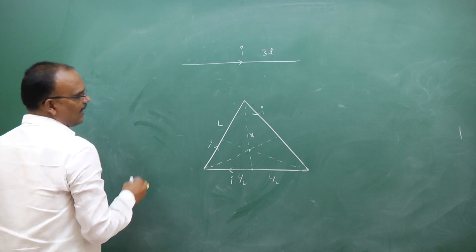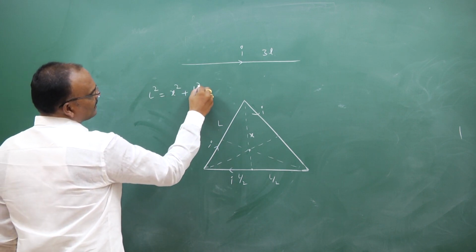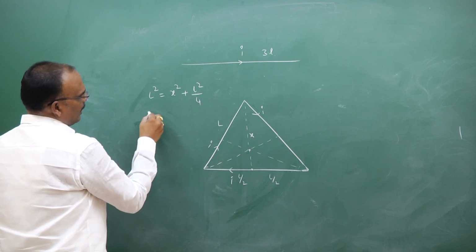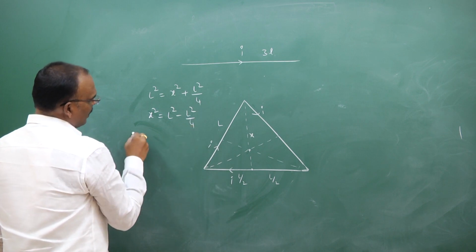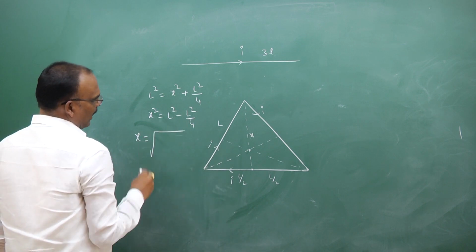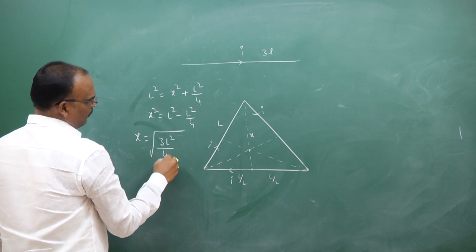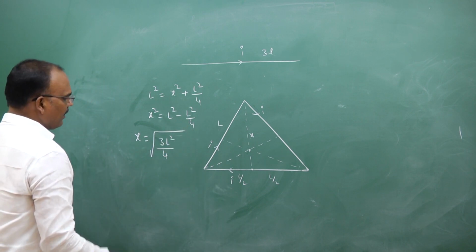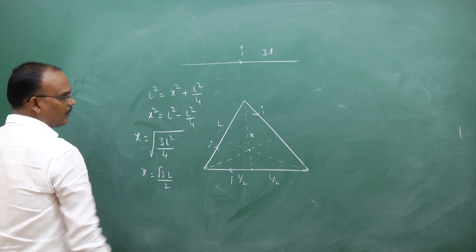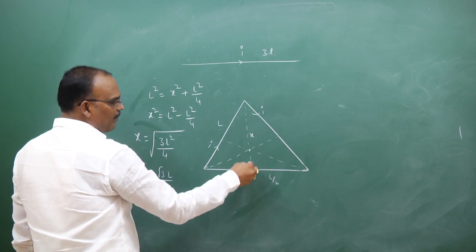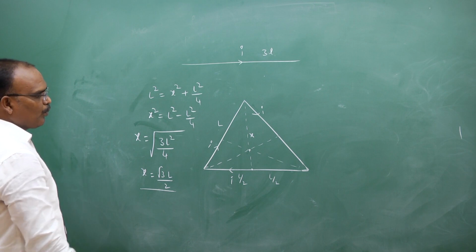If I take it as x, L square is equal to x square plus L square by 4. X square is L square minus L square by 4. X value is root over 3L square by 4. Is this simplification clear? So the value of x is root 3L by 2. That means the length of the median is root 3L by 2.